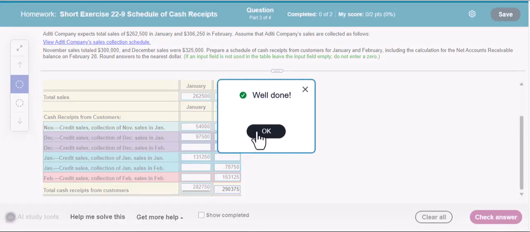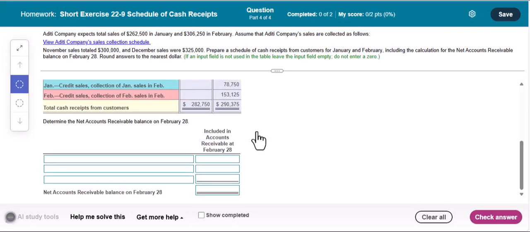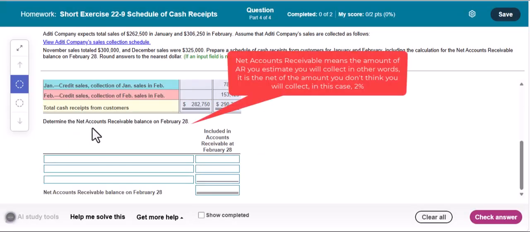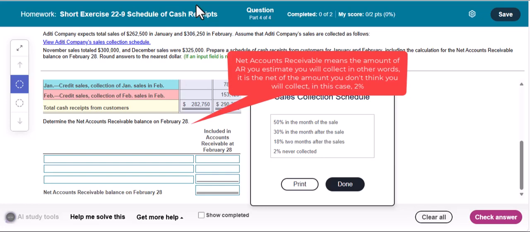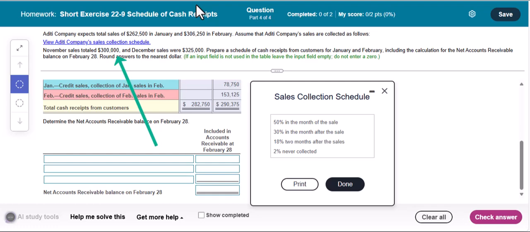Well done. Okay. So now we're moving on to determine the net accounts receivable balance on February 28th. So basically at the beginning of March, we need to know how much our AR is. So let's look at the November sales. So these November sales, how much would be collected in March? Well, looking at our chart of sales here that are collected, I should say our AR collected is only done in the first 2 months after the sale.